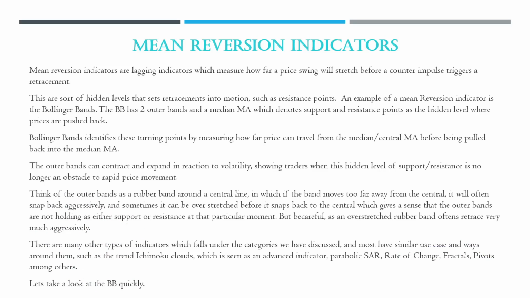in which if the band moves too far away from the central, it will often snap back aggressively, and sometimes it can be overstretched before it snaps back to the central, which gives a sense that the outer bands are not holding as either support or resistance at that particular moment.